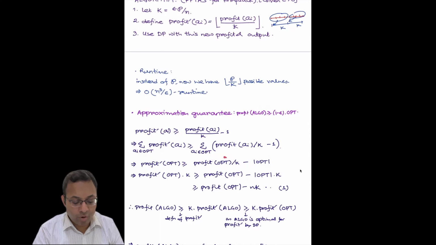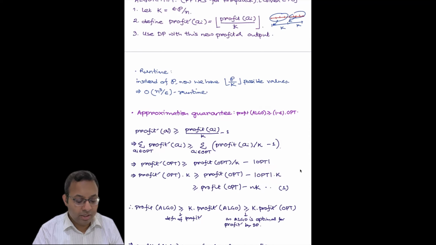This profit of opt is the optimal solution of the original problem, and the profit prime of opt is the profit of the same solution, but with values for the rounded down profit function, based on this value. Then we just multiply by k and we get this property. And the cardinality of opt is at most the number of items, which is n. So we can replace the cardinality of opt by n and get this lower bound. So this part is fine.